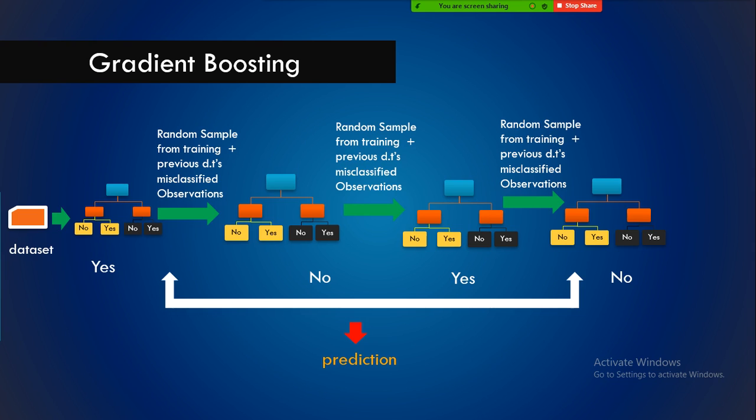By doing this, by continuing until all your incorrectly predicted or misclassified samples are correctly predicted, that's how this algorithm increases the efficiency of the model.